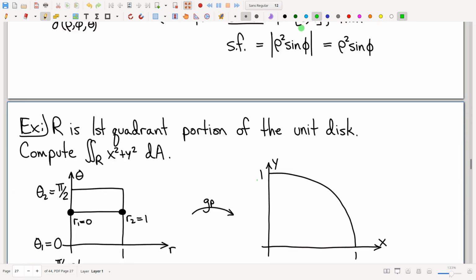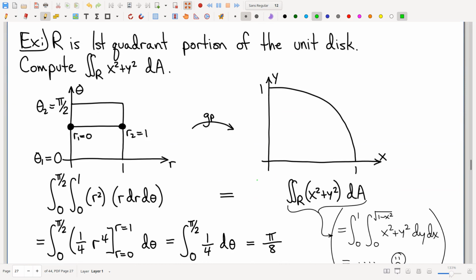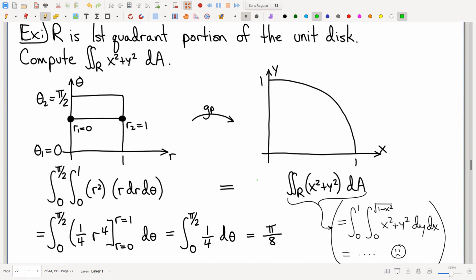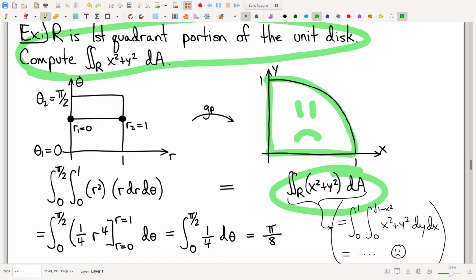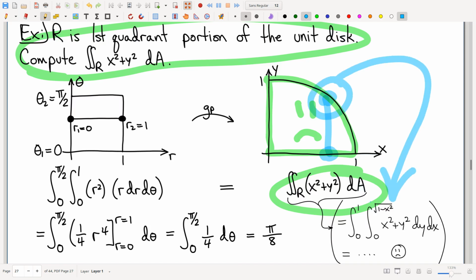Okay, so let's do one. Here is our question. We're going to look at an integral defined on this domain. Here's our integral. And I'm going to argue that this is an undesirable domain. I mean, I've seen worse, but if you slice this up in the usual rectangular fashion and you look at an x slice, and you look at the range of values of y, you can see that because of that being on the circle, your upper bound for y is going to be a square root.